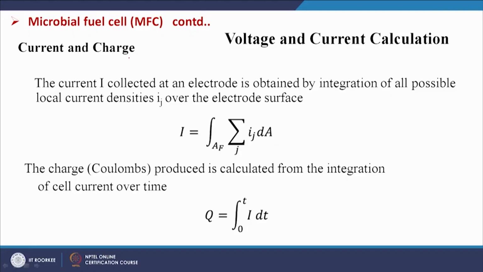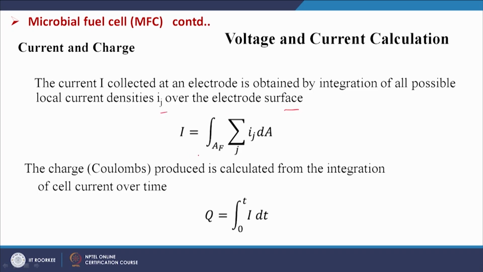So, the current and charge. In this case we have some electrodes, that is anode. Organic compound is degraded in the anodic chamber and electron is transferred from the bulk of the solution to the anode surface. So, there will be some local current. If we sum it up, then we will get the total current. So, the current I collected at an electrode is obtained by integrating all of the possible local current densities i_j over the electrode surface.